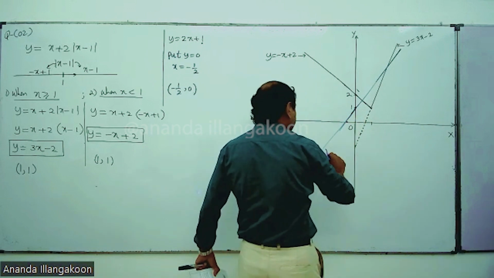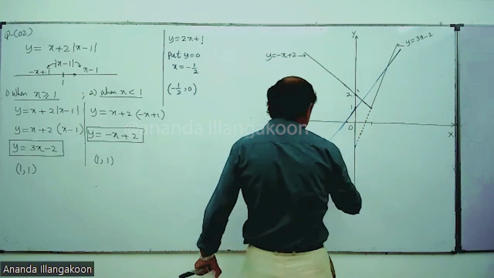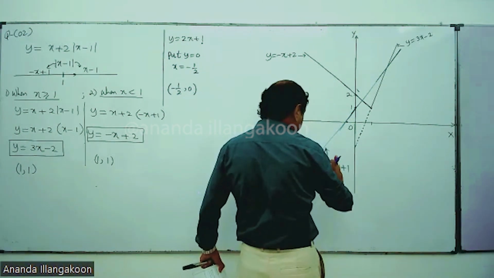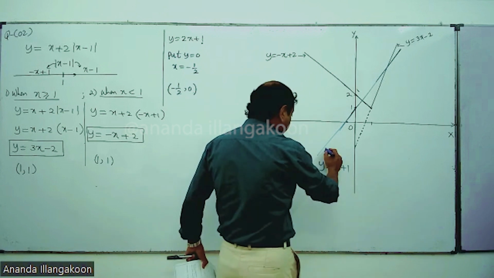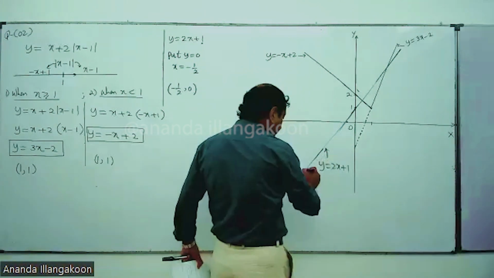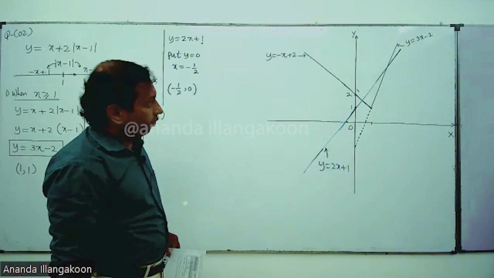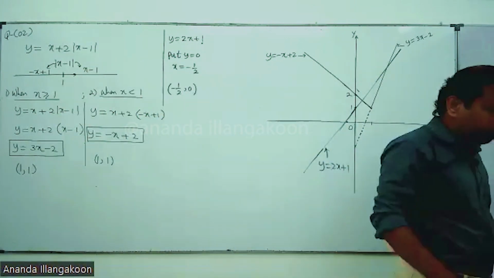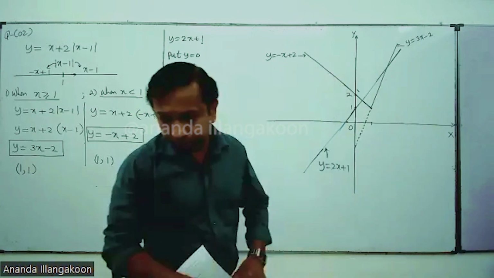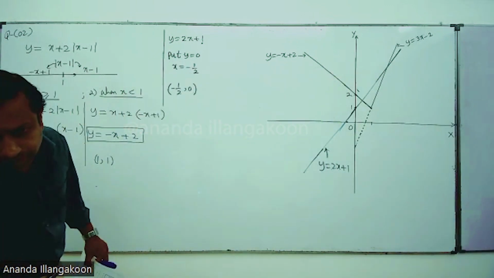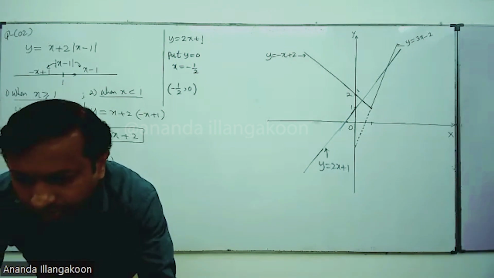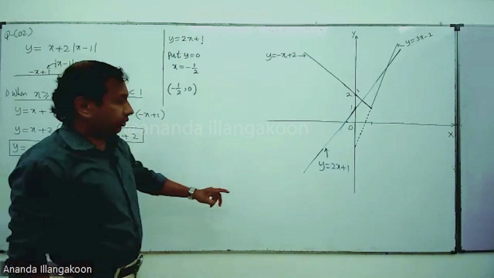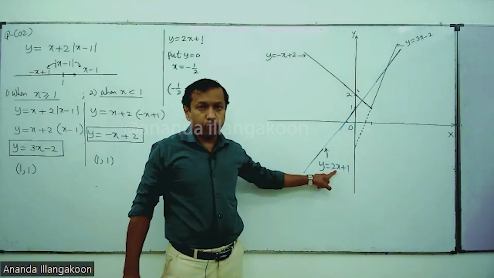Now this equation y equals 2x plus 1. You can very quickly understand the gradient here is 3, right? Here the gradient is 2.